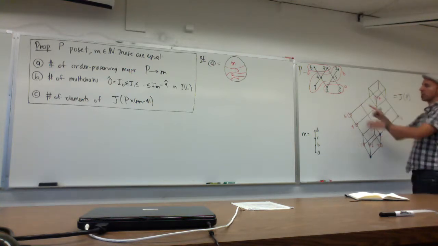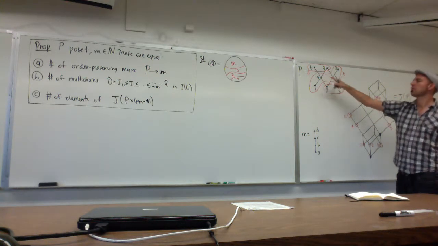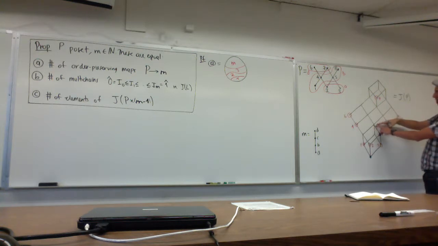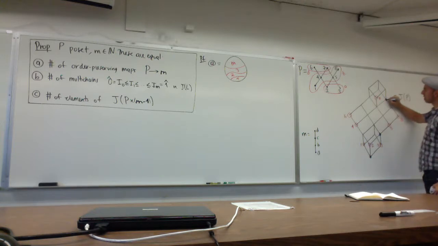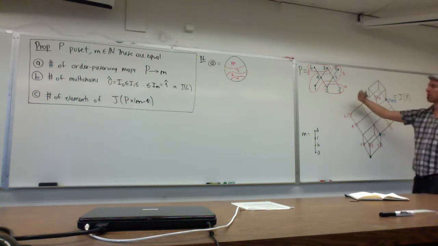Then the next order ideal should be 2, 3 and then all of these guys, 1, 4, 5, 8. So where is that? 2, 3, and then I join with 1, with 4, with 5, and with 8. So this was 2, 3, and this is 1, 2, 3, 4, 5, 8. And then finally, what about the next step?